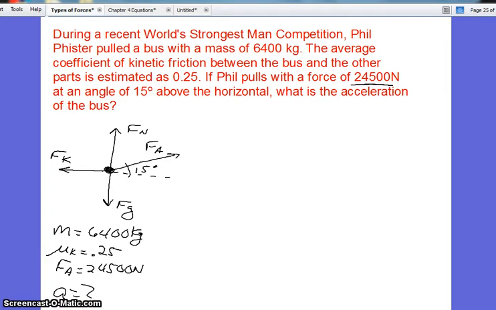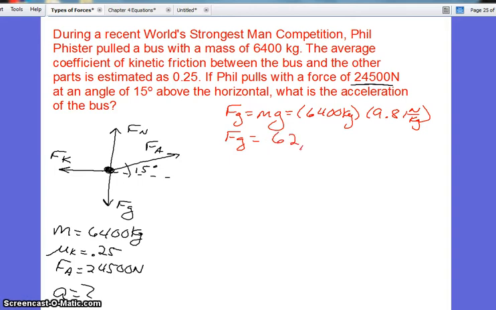Just as before, if we're given the mass, first step is going to be solving for the gravitational force, which is mass times gravitational field. So we have 6,400 kilograms times 9.81 newtons for every kilogram. And we get that the gravitational force of our bus comes out to be 62,784 newtons.